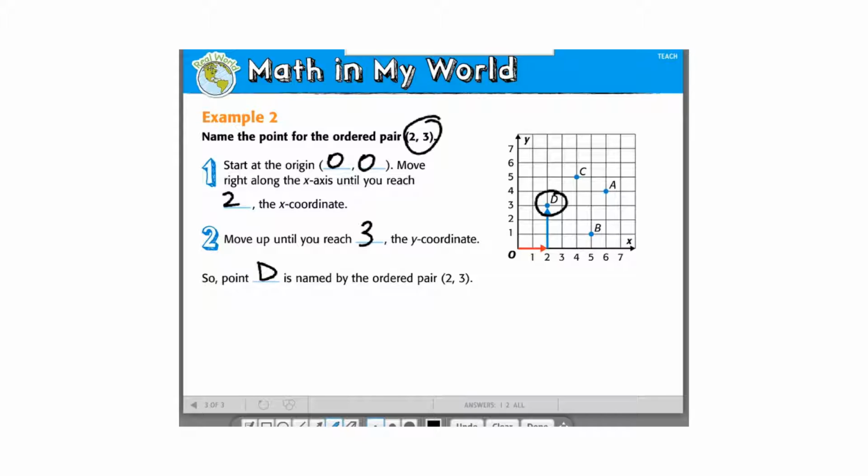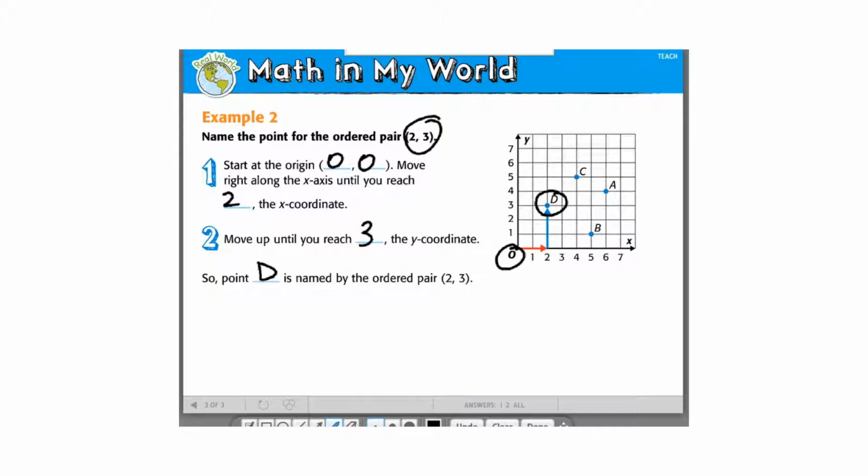So sometimes, see, the other one was like a map, where it was someone's house we were looking for. This time it was a specific point. So if this was a question saying where is point 2, 3, you would just say D. 0, 0 is always where you start, right there. It's the origin.